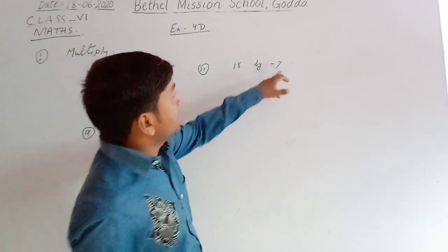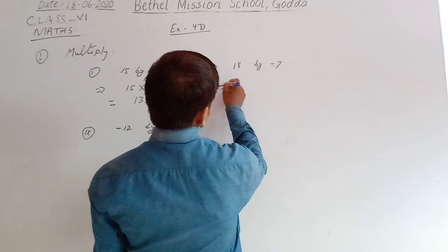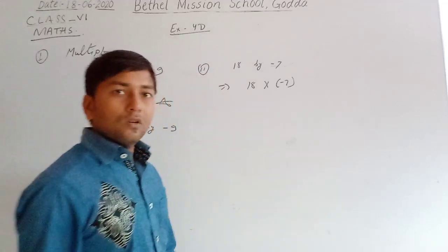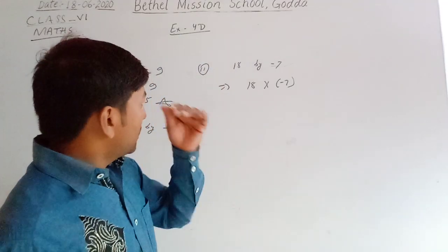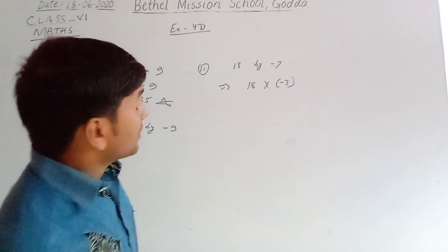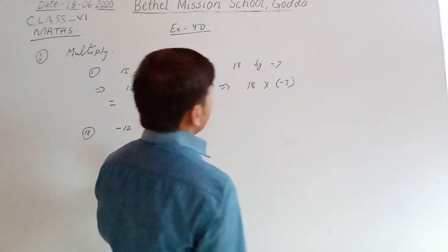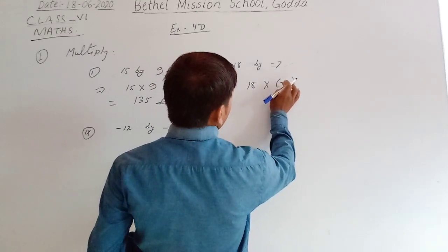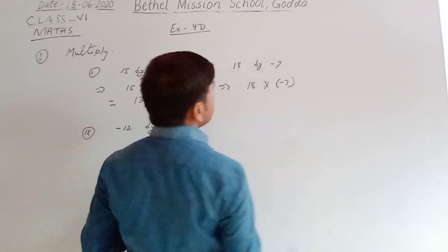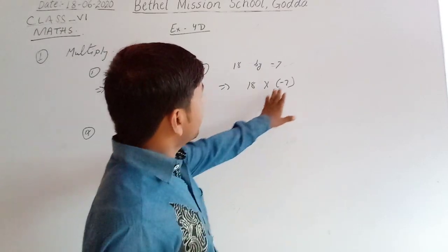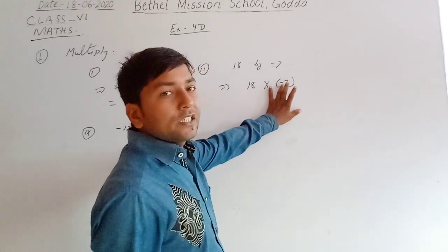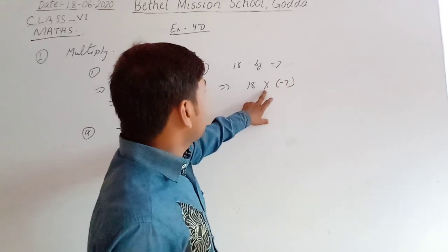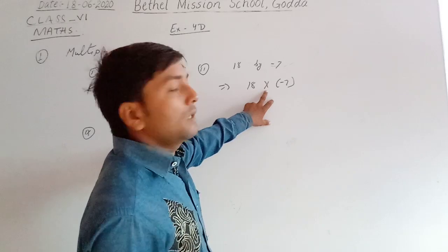Now we take integers with the minus symbol: 18 multiplied by minus 7. Always keep in mind that when you look at the minus symbol, you don't have to subtract anything here. You have to do the work first, multiplication.